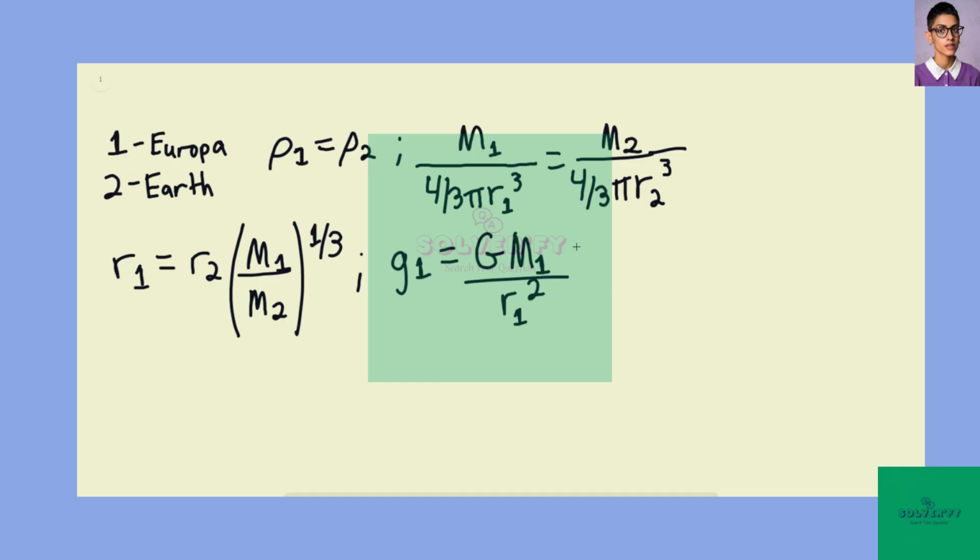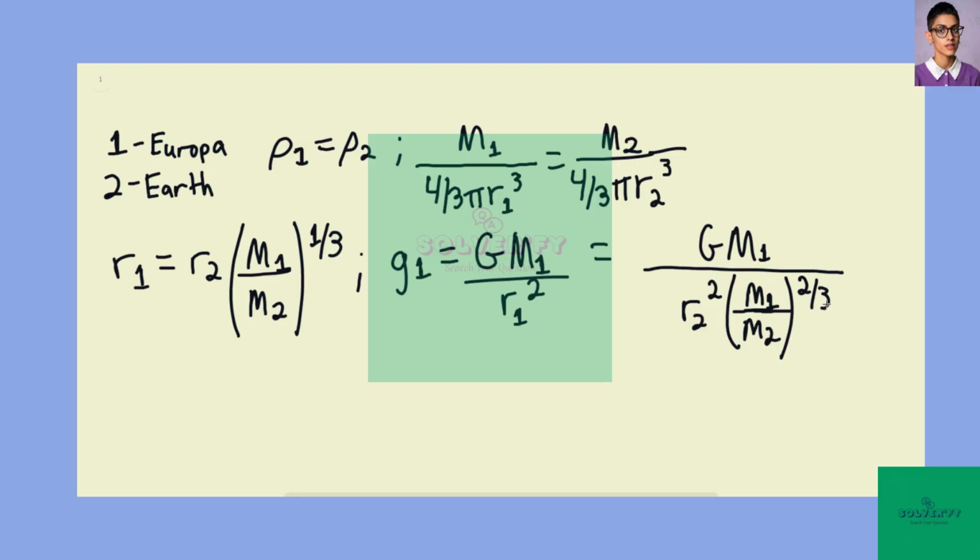We can say that this is equal to G m sub 1. Now we're going to substitute this in for r sub 1, and we can say r sub 2 squared times m sub 1 divided by m sub 2 to the 2/3 power.